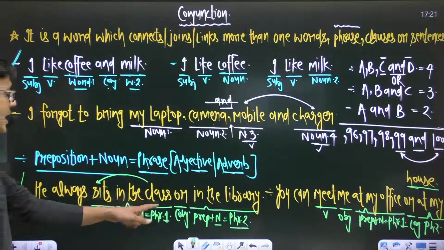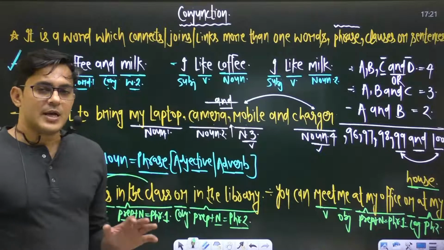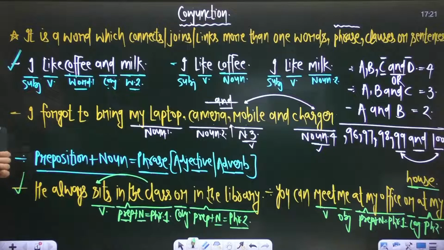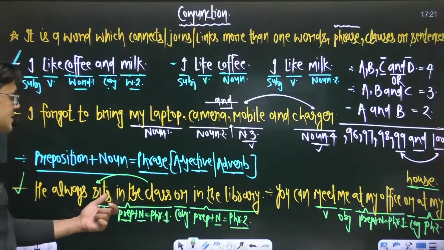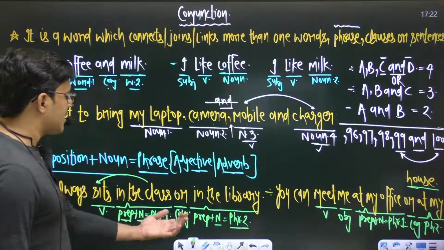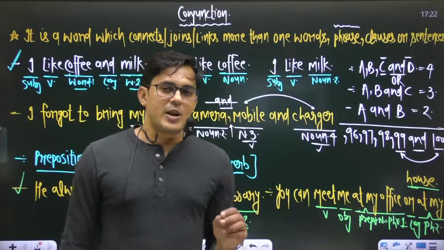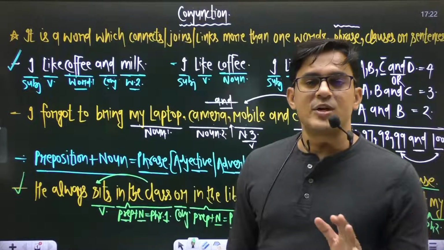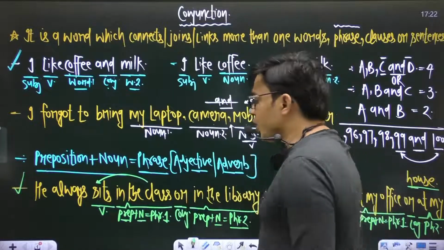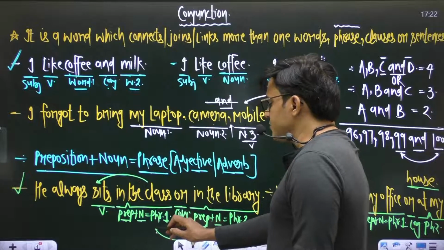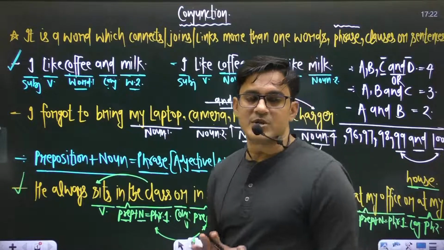So in the class is the reply of where. If I ask a question, how can you put the question? Where does he always sit? Reply will be he always sits in the class or in the library. So reply of where is always an adverb. So both the phrases are adverbs, and this or is a conjunction which is going to connect two different adverbs, right? So remember this one also.